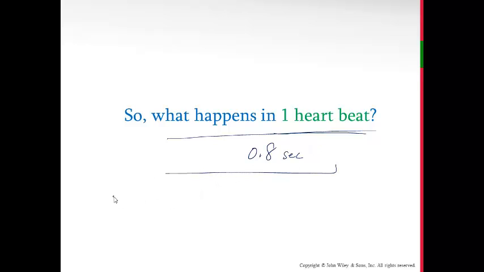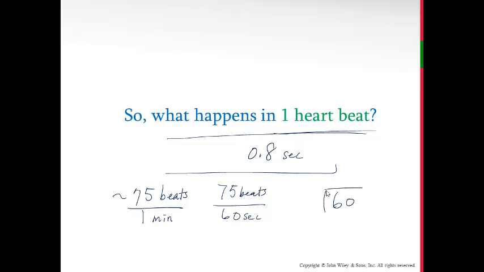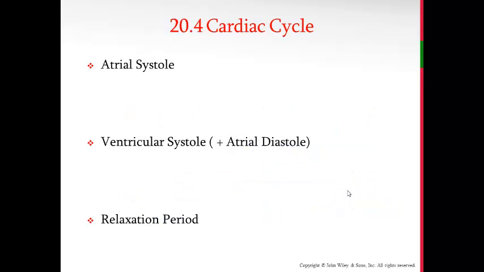It's actually from our 75 beats per 1 minute, but instead, we change it to 75 beats in 60 seconds. So we want to know how long is one heartbeat. If you divide 60 seconds by 75 beats, you'll get 0.8 second. All right.